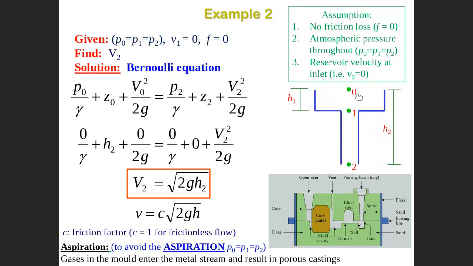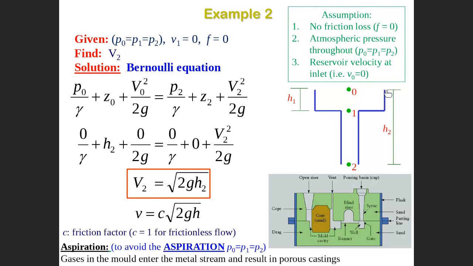Pressure at point 0, we consider as 0. And also the velocity at point 0 we consider 0, because you can see that the dimension here is small compared with this one. I mean the velocity here will be slow compared with here and here. So we consider the velocity here as 0, or neglect it. This is the assumption to use.